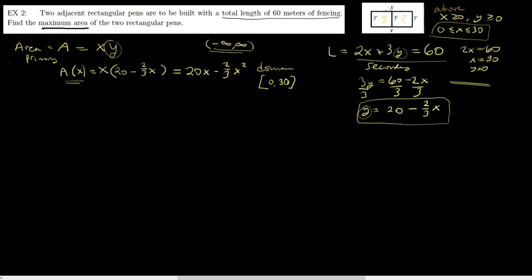And because it's an area, and x is a length, the domain comes from the physical properties of this problem. So this 0 to 30 is not from just looking at the function.